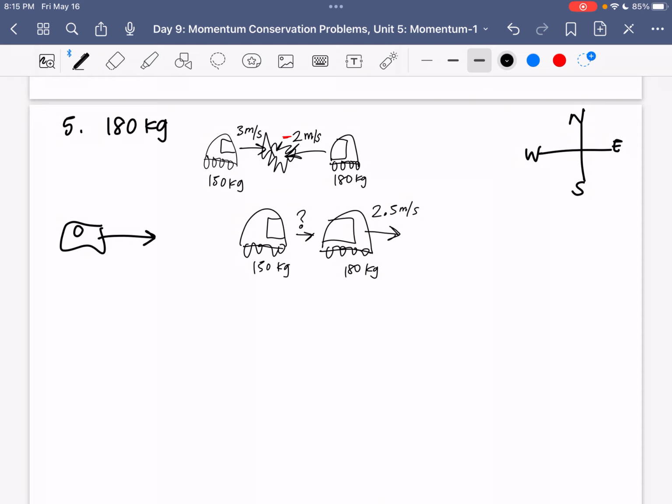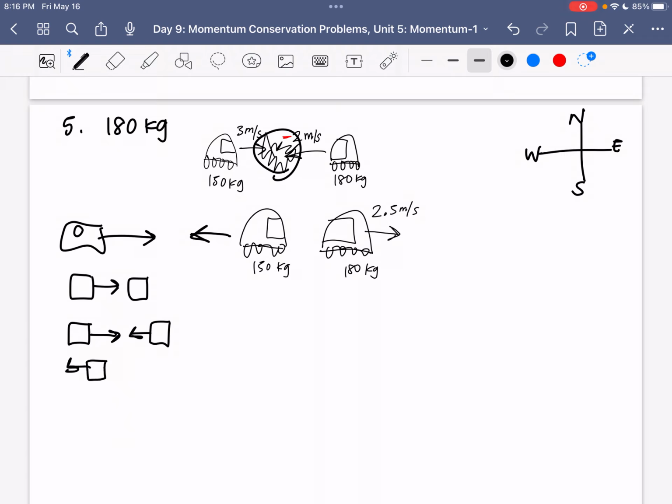Sticking would be if they were going like this. So the only other option is bouncing because they're doing this. So actually, I'm probably wrong here, it's going to go this way because they bounce off each other. So then it ends up being like this.